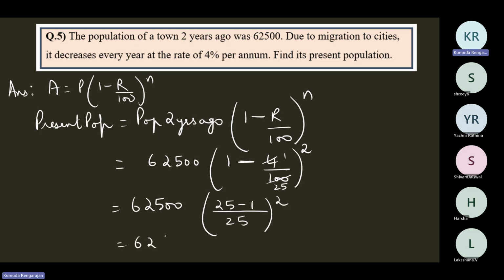So 62,500 into 24 by 25, the whole squared. So 24 by 25 into 24 by 25. Now children, you can write down the question, take down the answer, and complete the calculation.